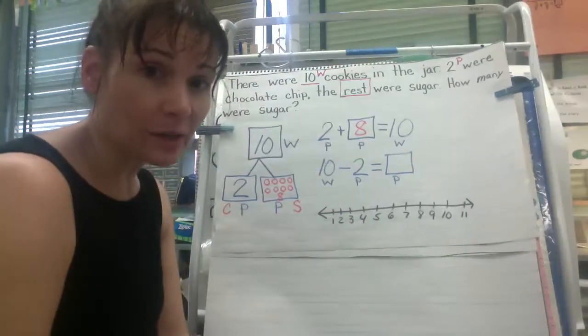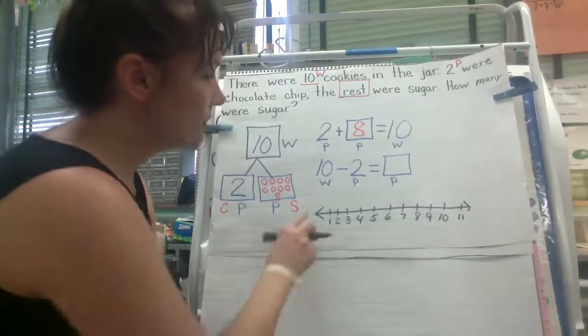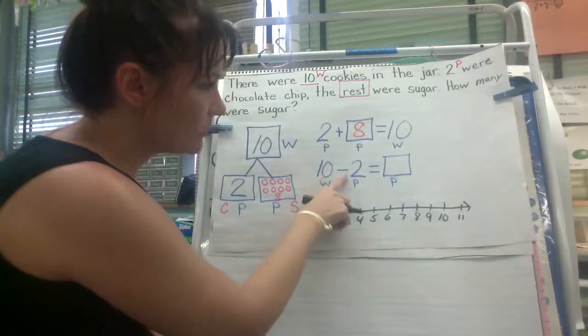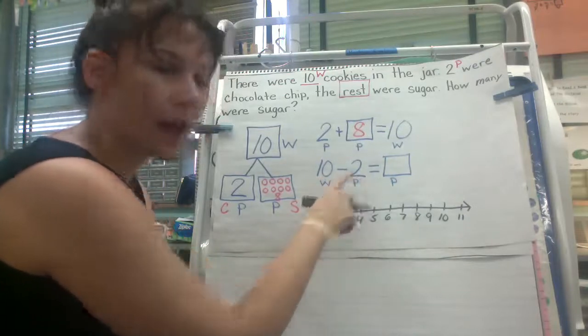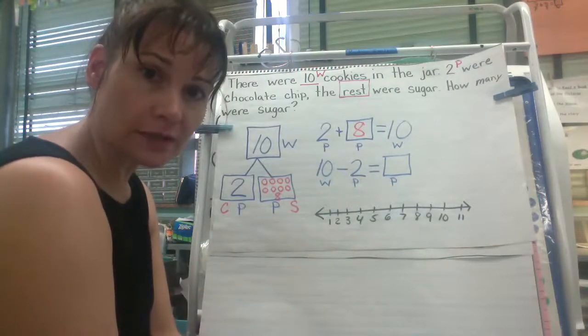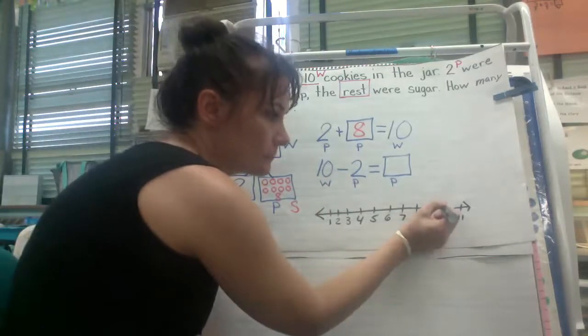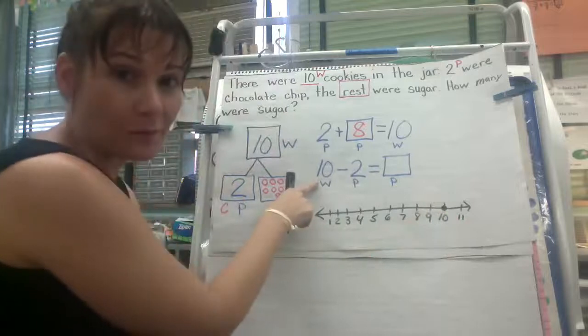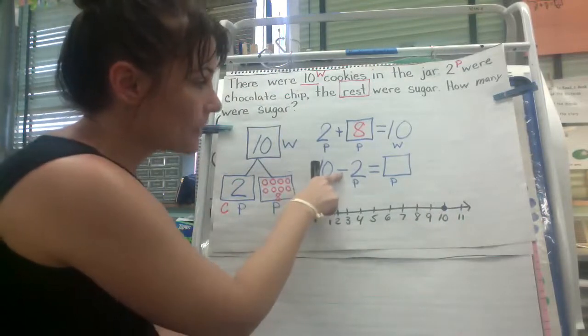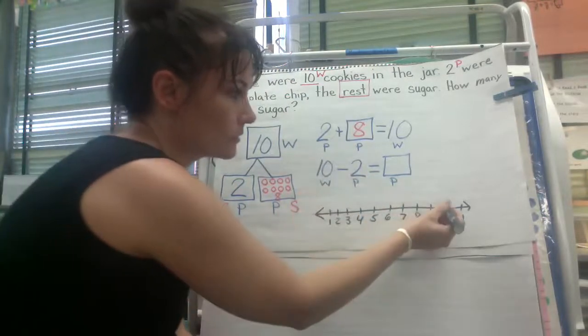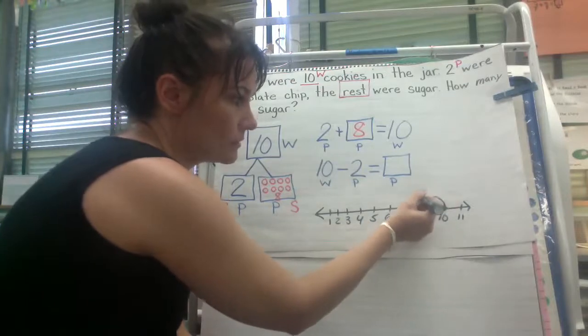So I have my number line. If I had 10 and I counted back 2, how many would be sugar cookies? Well, I'm going to start at my 10 because that is my whole. And I'm going to count back 2. 1, 2.